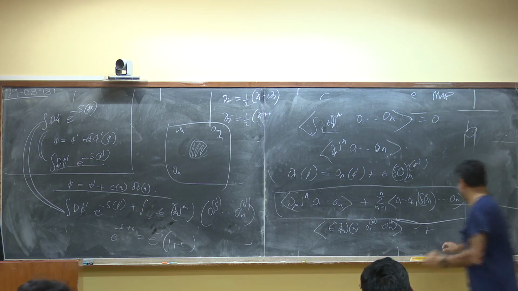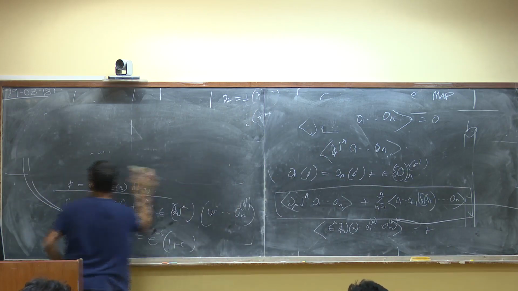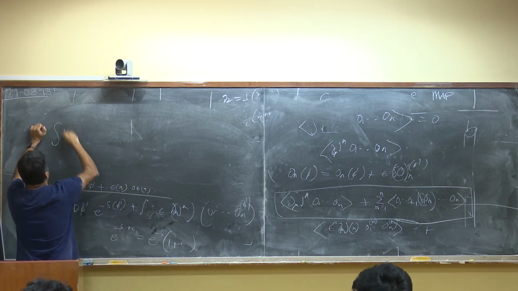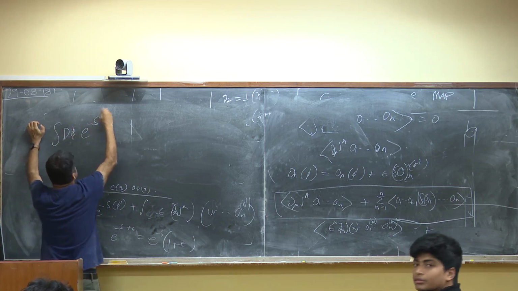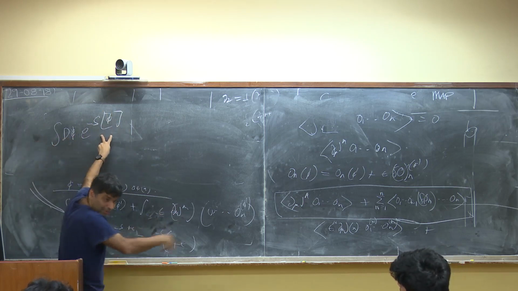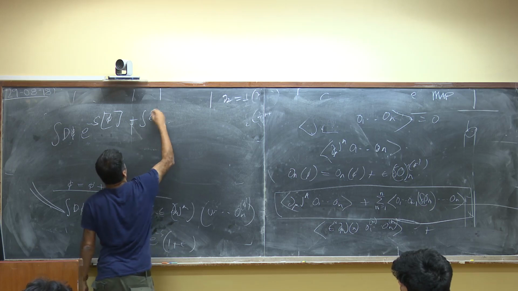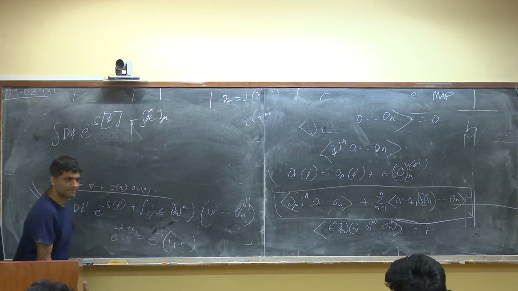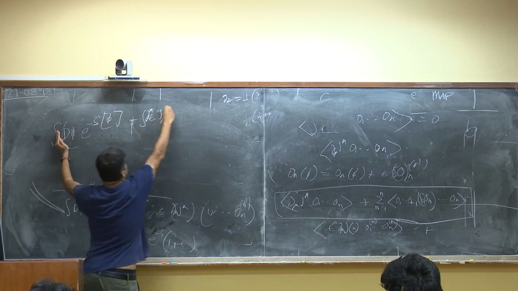Okay, let's redo that derivation. So what do we have? We have d phi e to the power minus S of phi. And when I do the change of variables, this becomes plus integral epsilon del mu epsilon j mu. This is just a statement about what happens to this term locally.